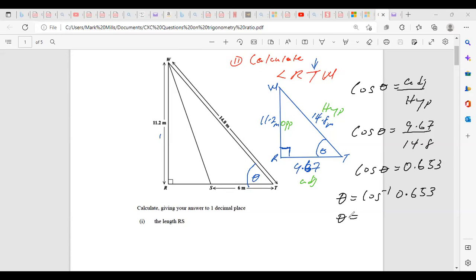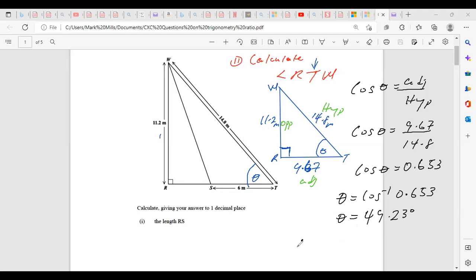What is cos inverse of 0.653? 49.213? 49.21 degrees. They say to 2 decimal places. Sorry, sir, I made a mistake. So what was it? 49.23. Okay, no problem. All right, 49.23 degrees.